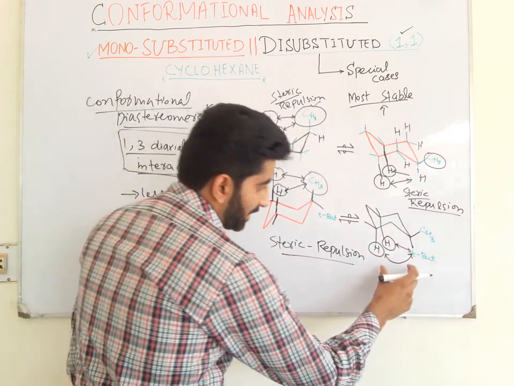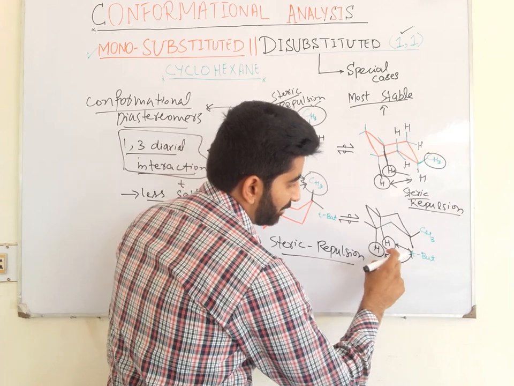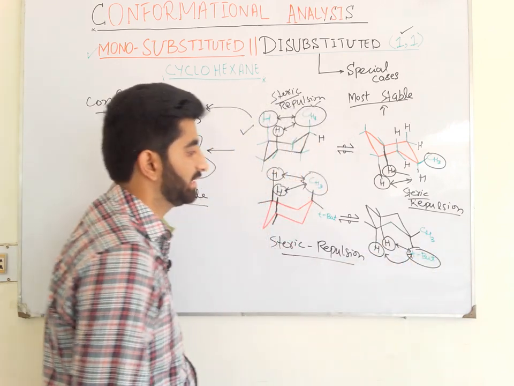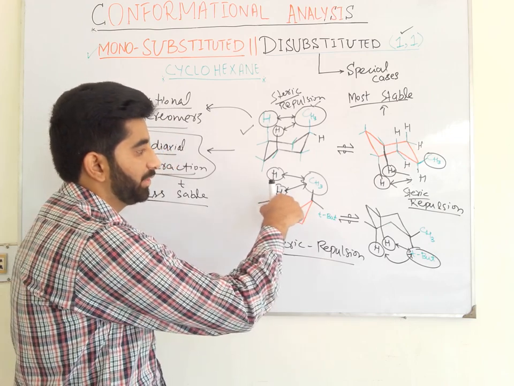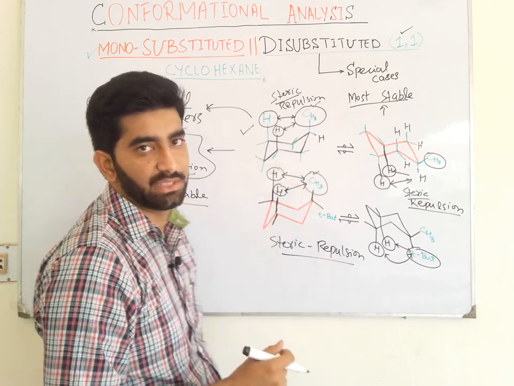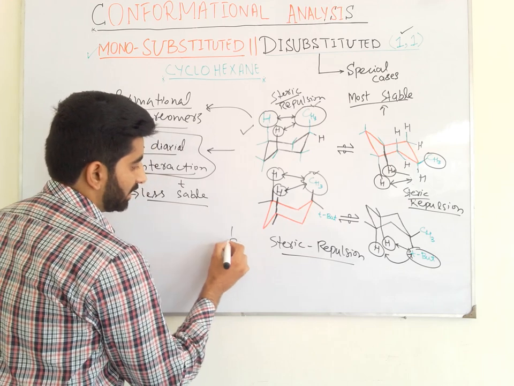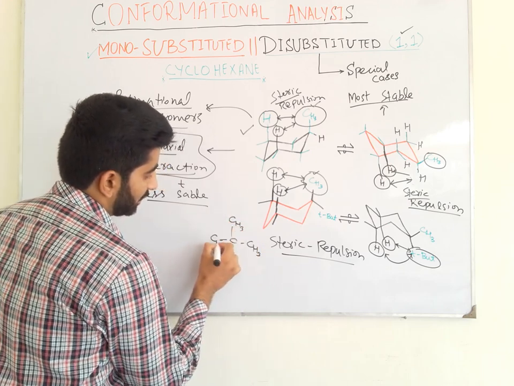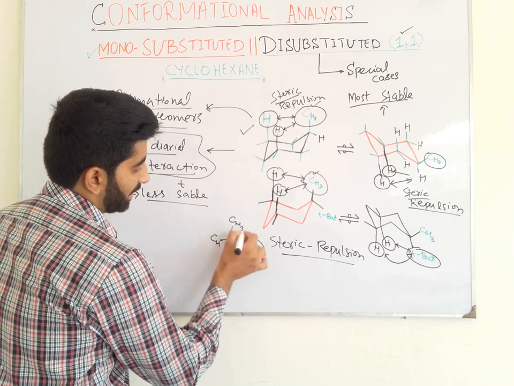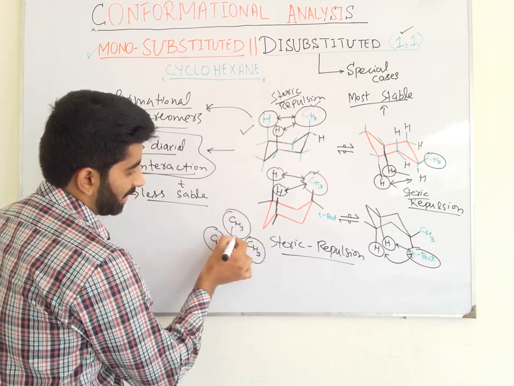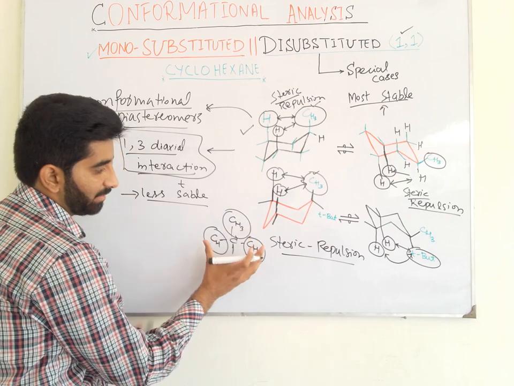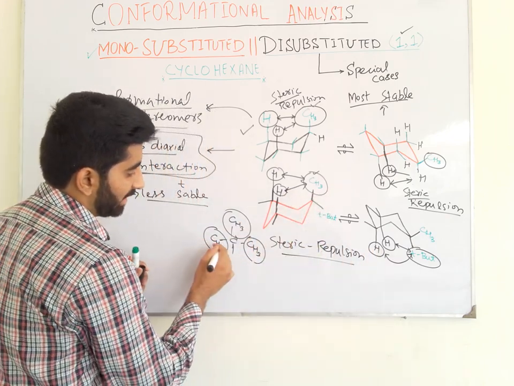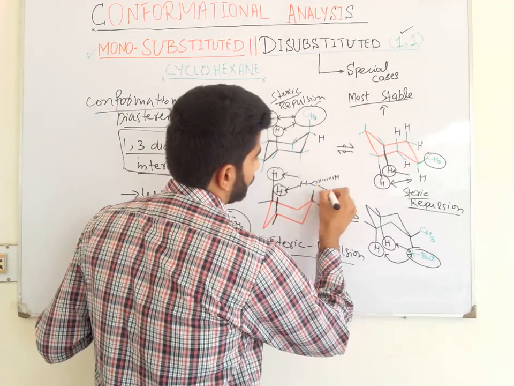The steric repulsion produced between these two diaxial hydrogens and the tertiary butyl is greater as compared to the steric repulsion produced between the methyl group and these two hydrogens, because in the structure of tertiary butyl, three bulky groups are attached at the tetrahedral carbon. So there is a large bulk present in tertiary butyl as compared to the methyl group.